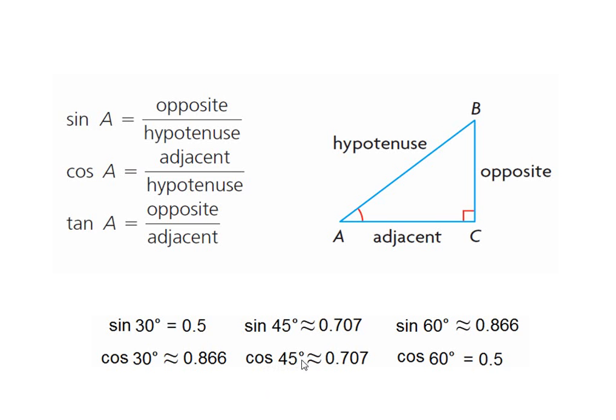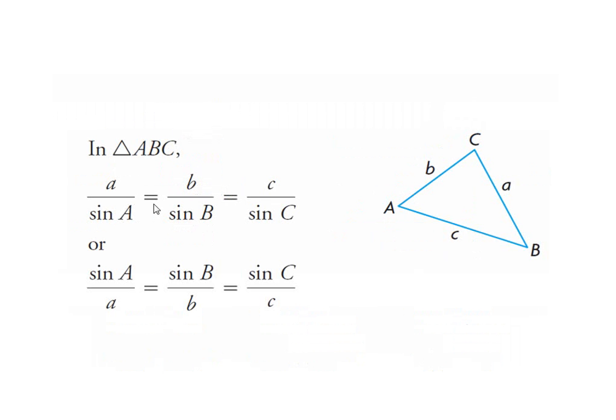Cosine 45 degrees is equal to 0.707. And cosine 60 degrees is equal to 0.5. So, although the trigonometric ratios are defined in right triangles, they can be used outside of right triangles, right? So they can be used in the sine law.